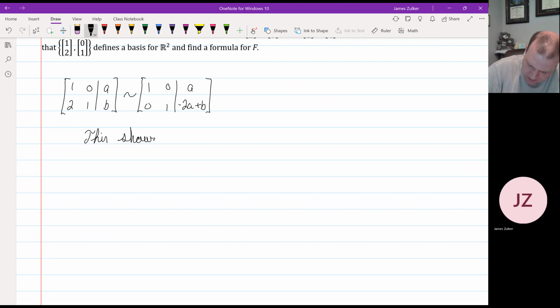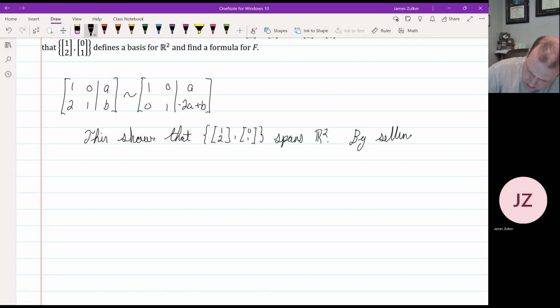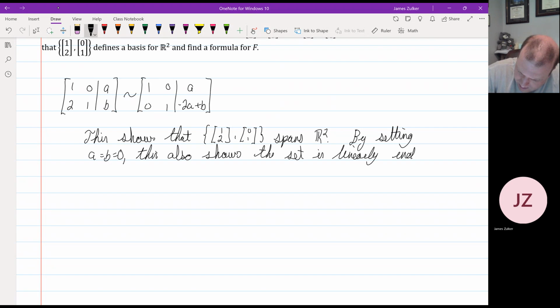So this shows this set spans R2. And then by setting A equal to B equal to 0, this also shows the set is linearly independent.